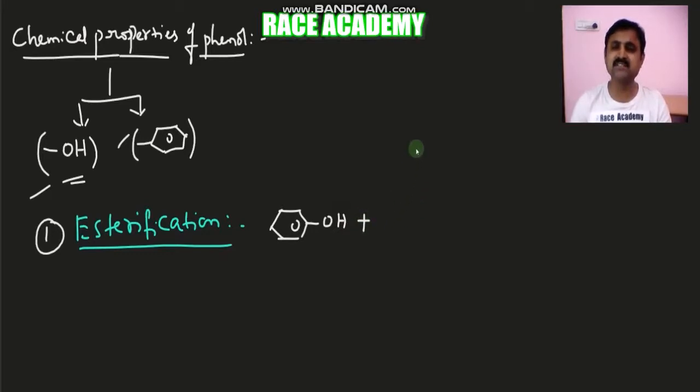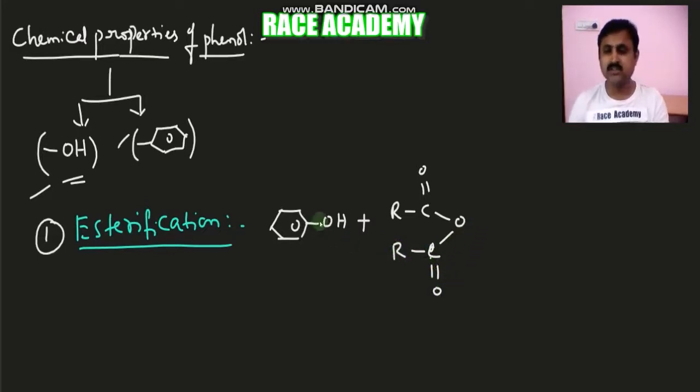The acid anhydride you will write as (RCO)2O, and the anhydride will look like this, with carbon here. So what will happen is that this COR group will go along with this OH.